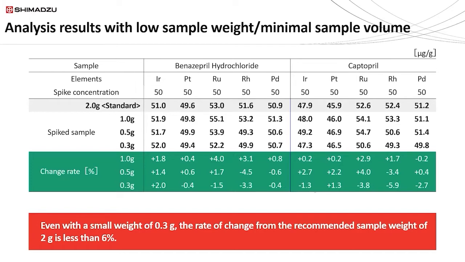And then we prepared other cups with 1 gram, 0.5 grams, and 0.3 grams. And what's nice is that you don't see a systematic change in the change rate according to the spiked sample weight.